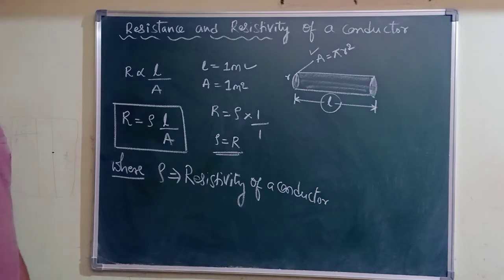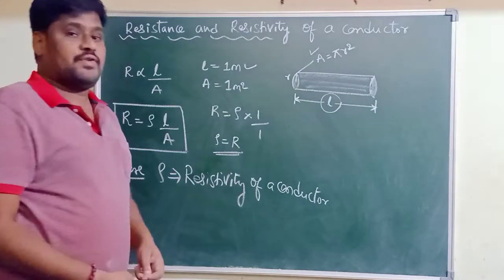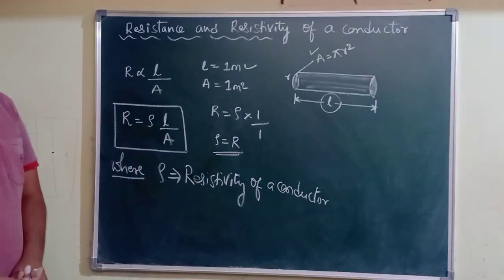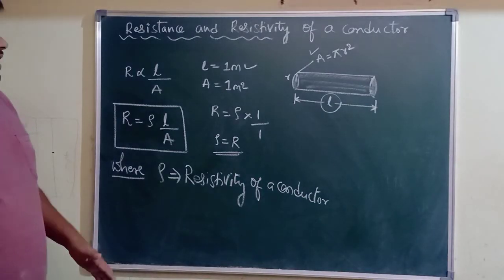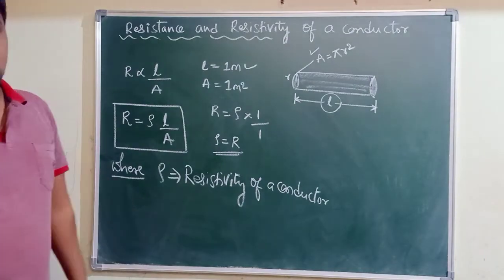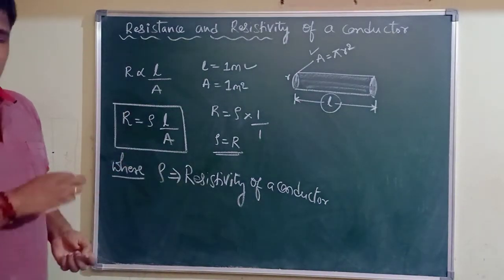What is the resistivity of a conductor? Resistivity of a conductor is numerically equal to the resistance of a conductor of unit length and unit area of cross section.